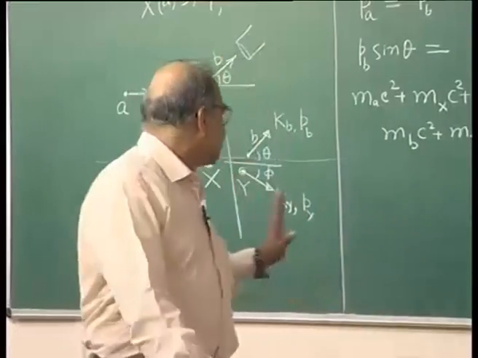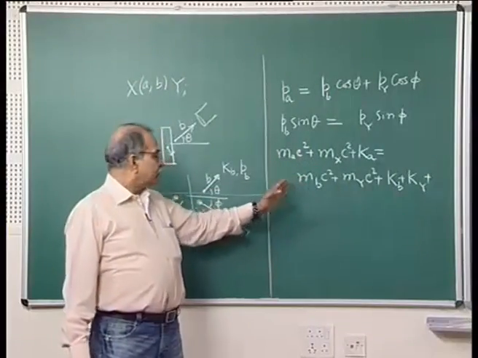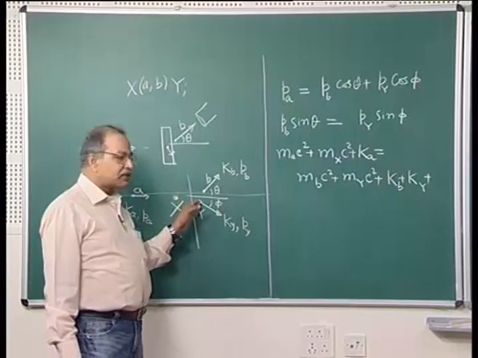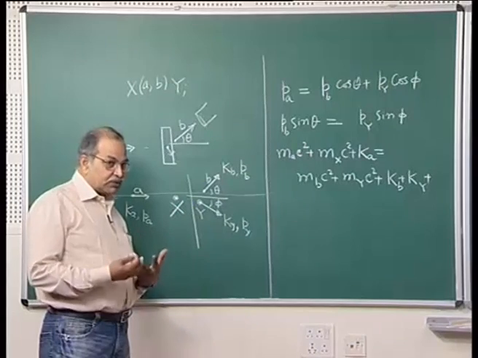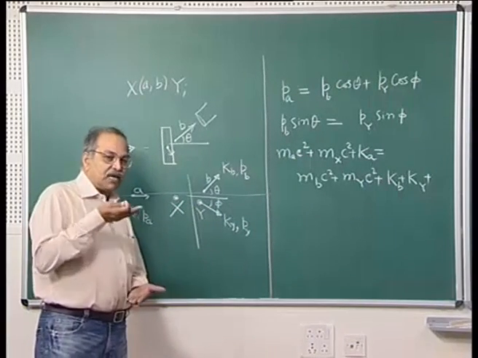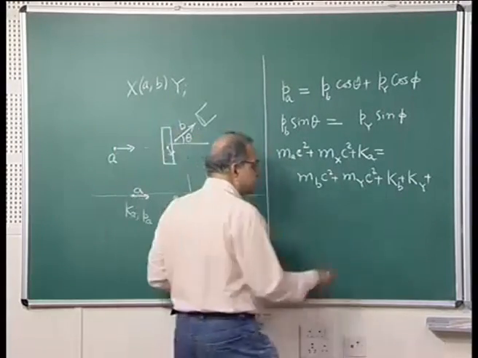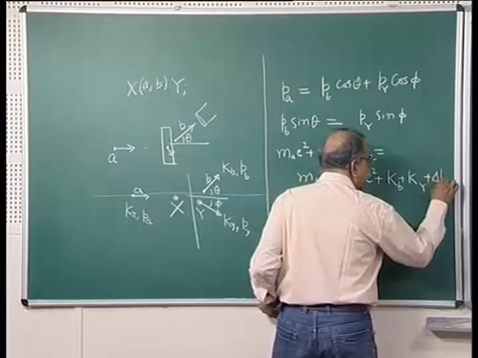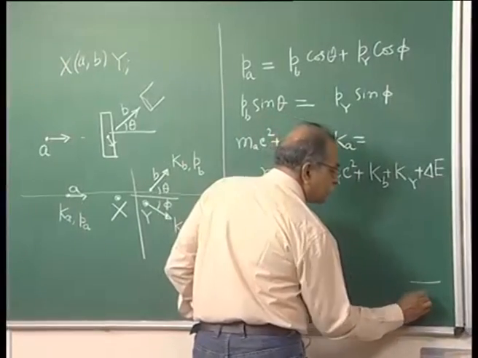So, if everything is in the ground state, this is the energy conservation. But if the y nucleus produced in this nuclear reaction is in its excited state, which is some ΔE above the ground state, then that extra energy ΔE is also present here. So, plus ΔE.